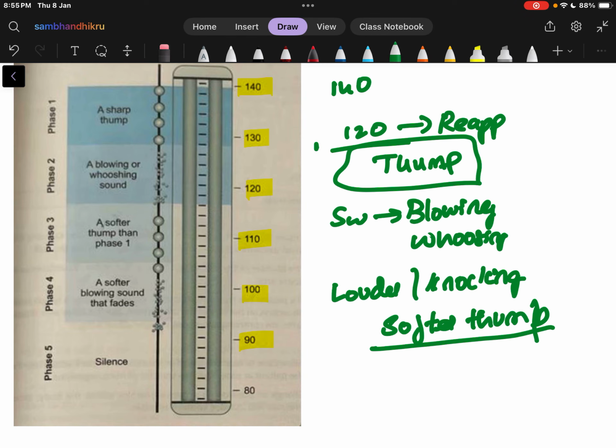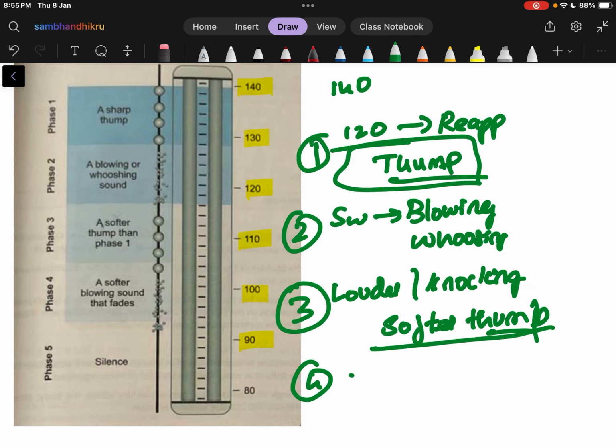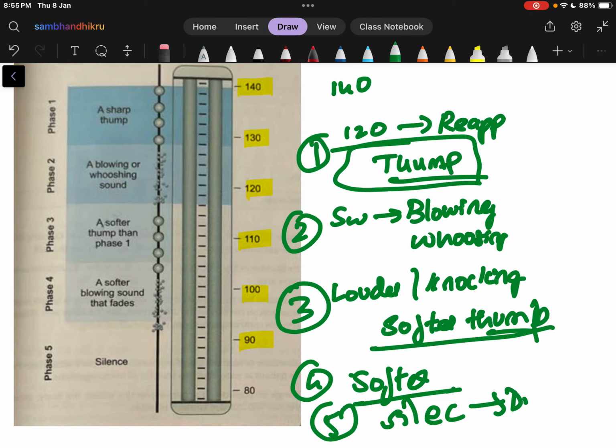The first one is the reappearance, the systolic blood pressure, thump sound. The second one is the swishing, blowing or whooshing sound. The third one is a louder knocking and a softer thump than the first thump. The fourth one is the softer blowing sound. The fifth one is silence. That silence is called disappearance.